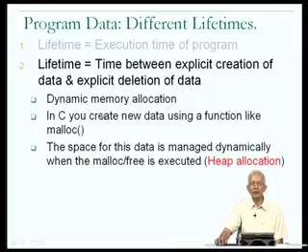So we have a situation where some of the data in our program may be statically allocated, because its lifetime is the complete execution time of the program. And some of the other pieces of data that our program deals with might be heap allocated, because they come into existence when explicitly created by malloc, and they cease to exist only when explicitly destroyed, maybe by a function called free.